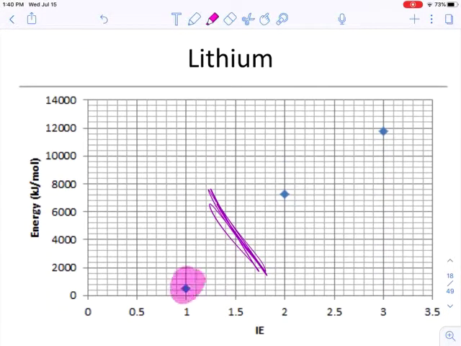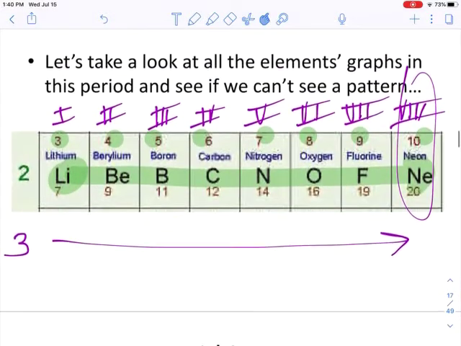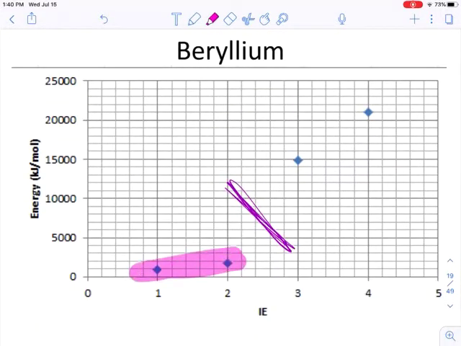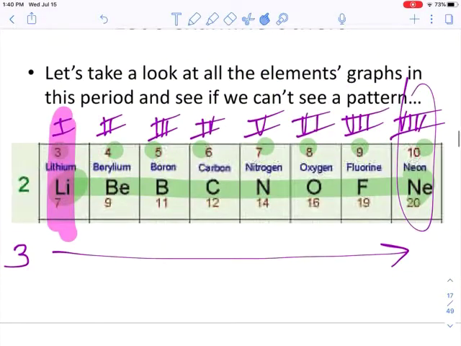Not surprisingly, lithium has only 1 valence electron, which is why it is in the 1st column. Beryllium has 2 valence electrons. Again, the outermost are the valence electrons. So not surprising that beryllium is in the 2nd column.